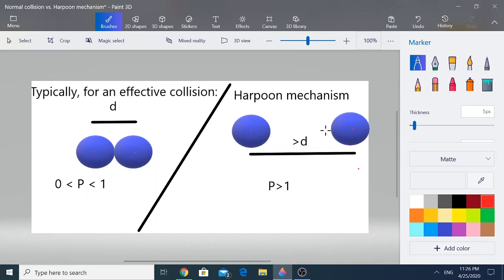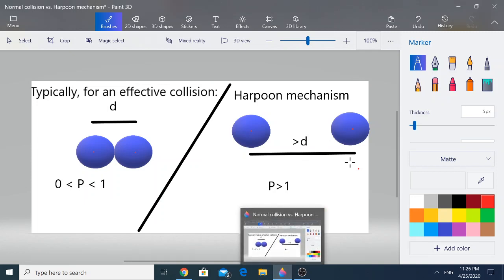But for this one, as long as they are in some close proximity, of course there is still a particular distance, but this distance is not d, it is greater than d, greater than the diameter of a sphere. Once the two particles are in close proximity, the reaction can already begin. The two particles will then be attracted to each other and the reaction will proceed. So the steric requirement for reactions that take place via the harpoon mechanism isn't that stringent, and hence P can be greater than 1.